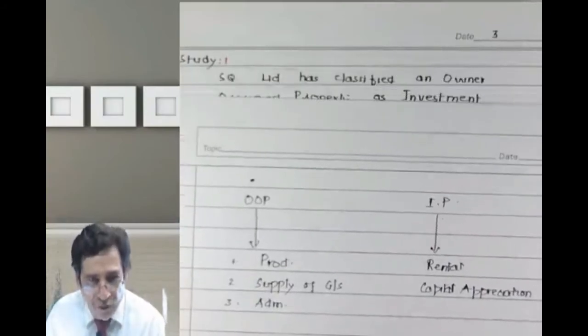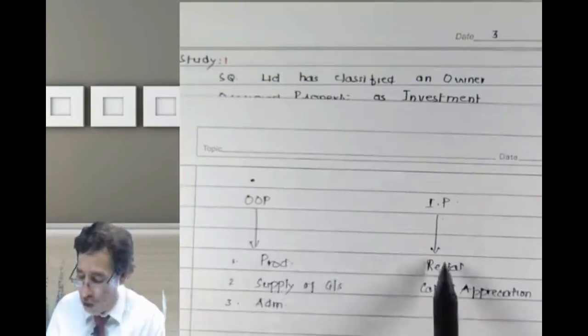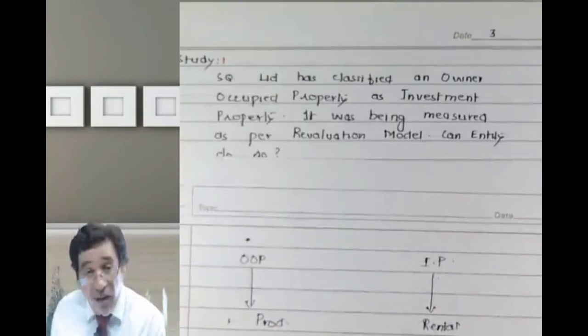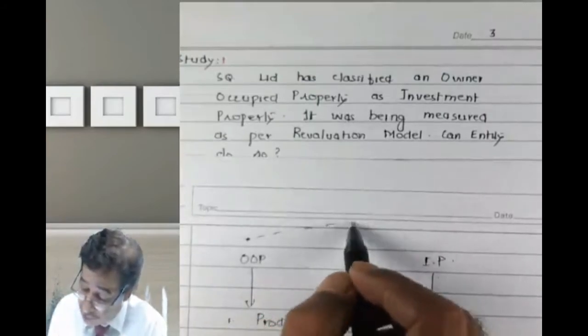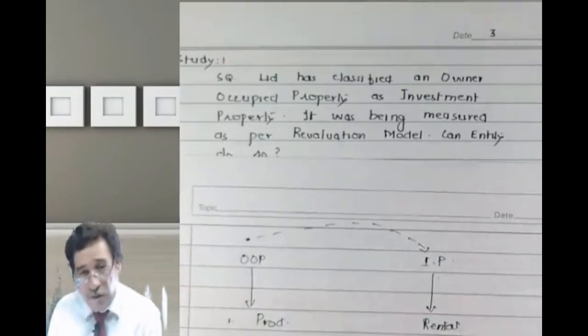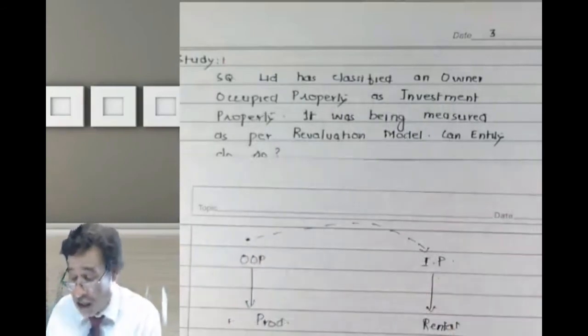Now let us say from the current year they might have changed their intention, and let us say now they want to hold this property for earning rentals or for capital appreciation. So in the light of Ind AS 40, they will have to now classify this property as investment property. So the question has basically given this particular information that SQ Limited classified an owner-occupied property as investment property.